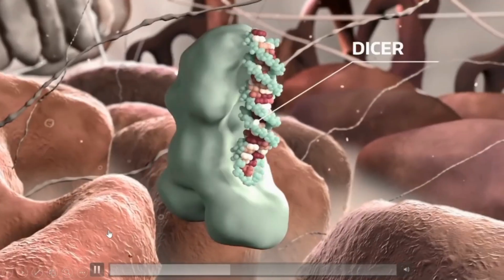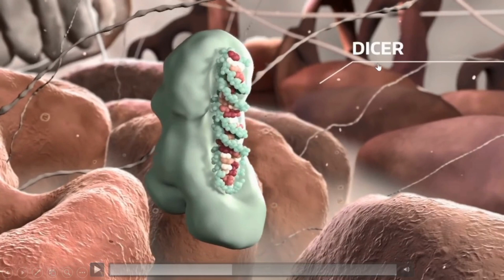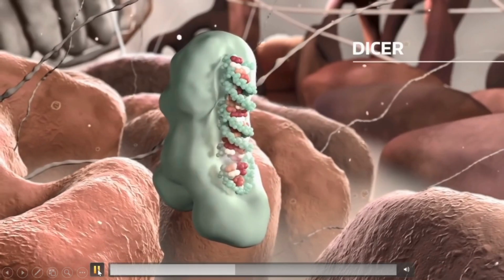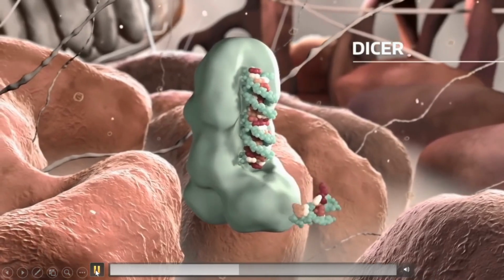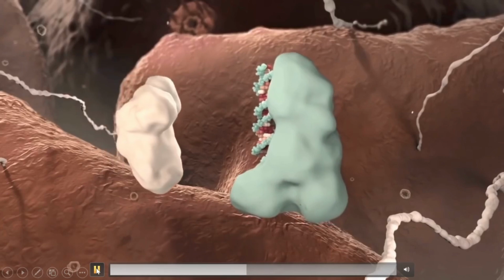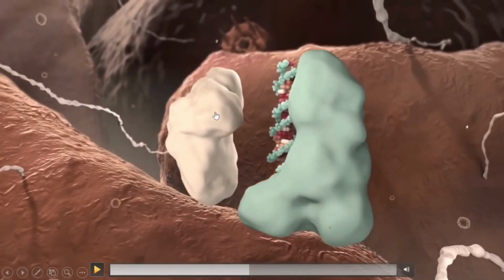It is released into the cytoplasm. It is bound by another protein called the dicer protein. It cleaves the loop region of this miRNA. The loop portion is cleaved and we get a duplex miRNA. And then another protein came to release that double strand and make a single strand RNA, which we are going to see here.